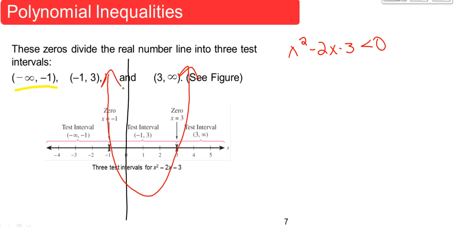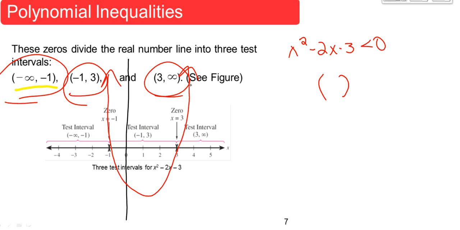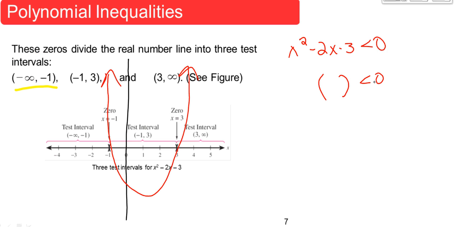A reminder: this is strictly less than, so we're going to use parentheses around those zeros in the intervals. The test interval table will have parentheses if it's less than 0 or greater than 0, and it will have brackets if it is less than or equal to 0 or greater than or equal to 0, so we would include those zeros.